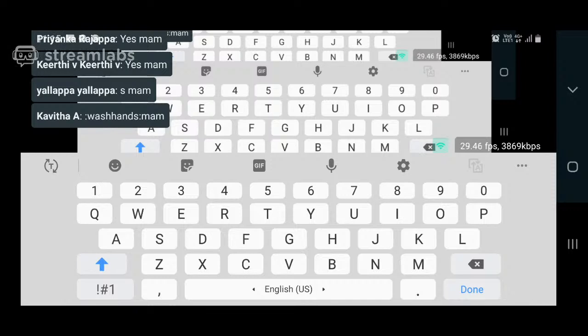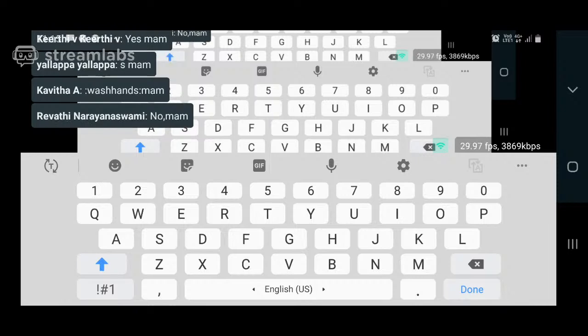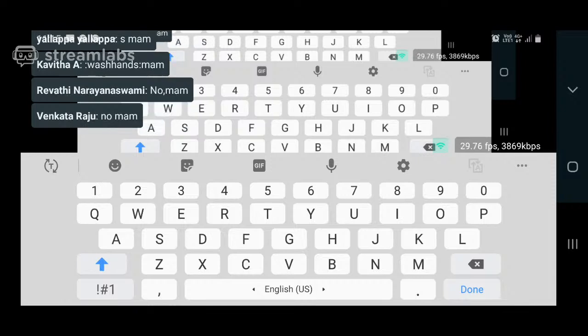Wash hands. Why? Why, Kavita? Why should you wash your hands? Okay, wash your hands frequently to keep COVID-19 away. Okay, Revati, her reply was no, ma'am.